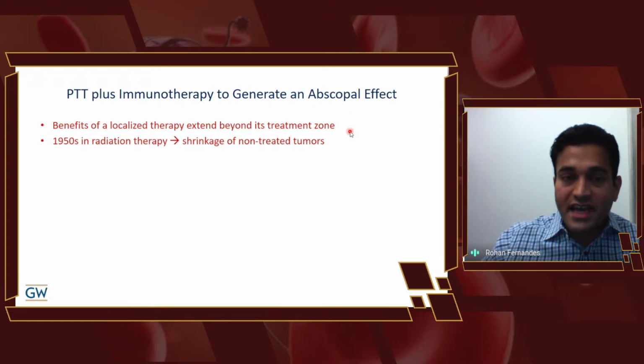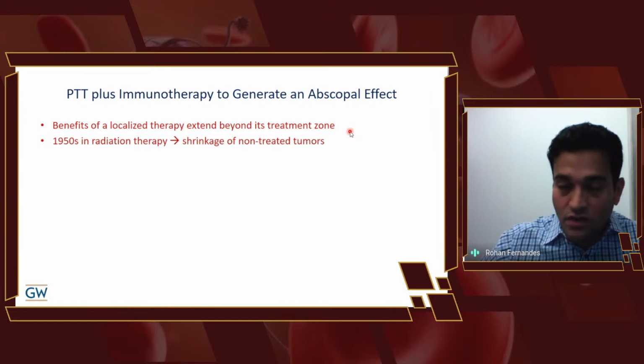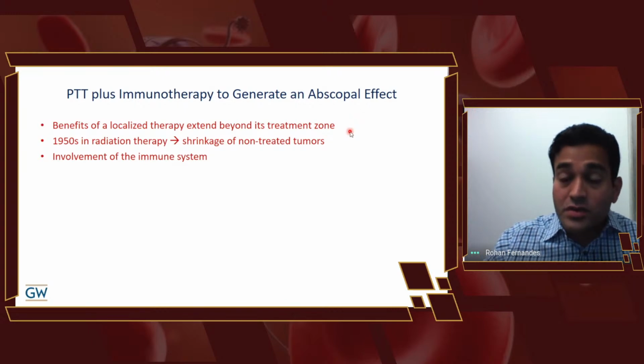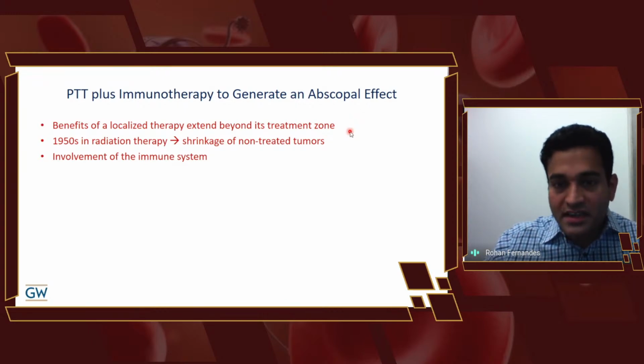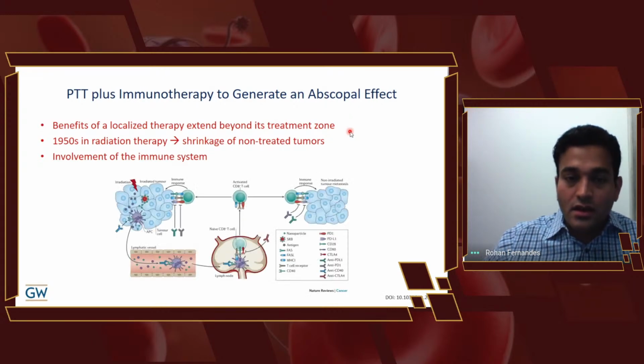This was observed in the 1950s with radiation therapy, where they were able to irradiate an individual tumor, and that treatment resulted in the shrinkage of non-treated tumors. Subsequently, the understanding of which players were important in generating an abscopal effect was developed, and it was determined that the immune system plays a very important role in driving an abscopal effect.